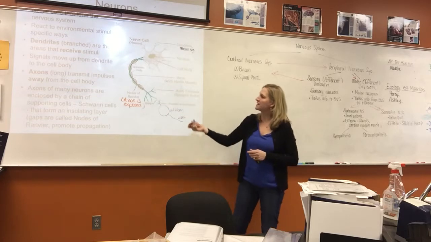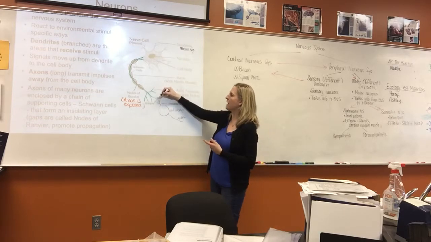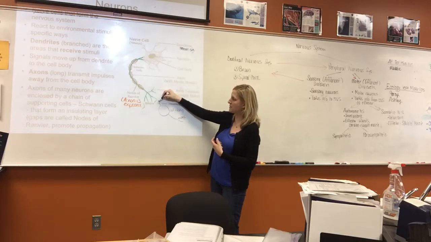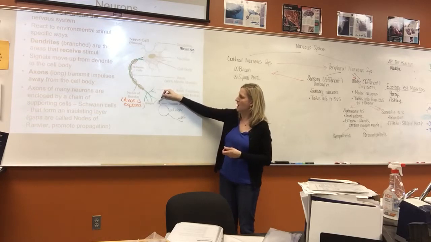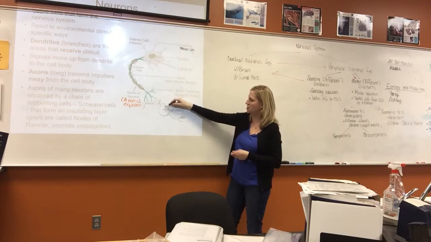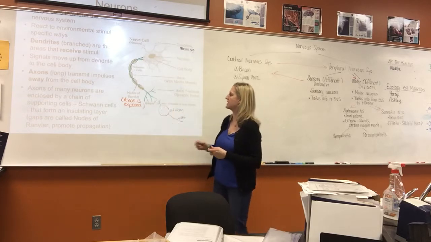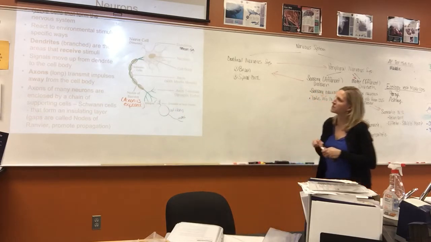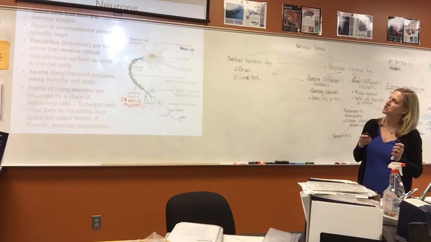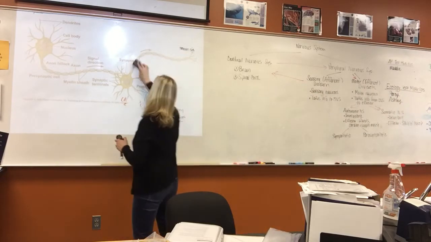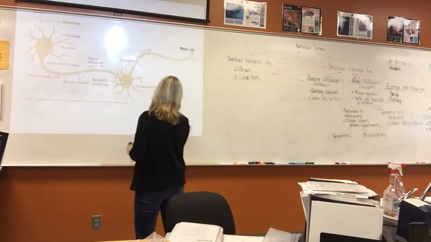And so what we're going to see is most neurons, or a lot of neurons, release chemicals called neurotransmitters that bind to receptors on the next cell's membrane, which stimulates a change to happen. The signal can move down that cell. And so that's what's called the synapse. And that's what that bottom part of the picture is showing you here.